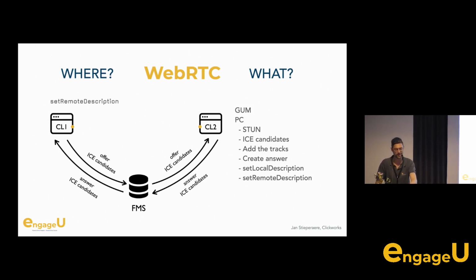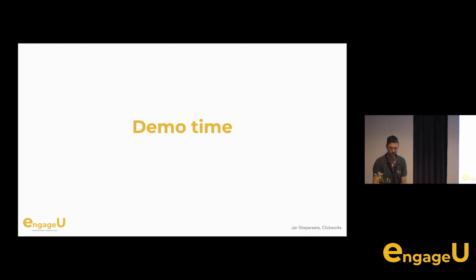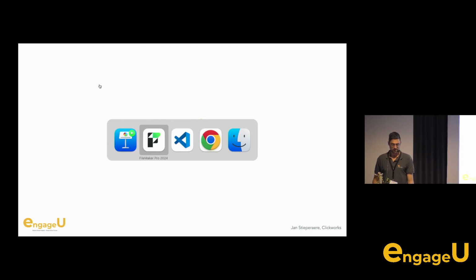Oh yeah, client 1 needs to set all that information, the answer and ICE candidates, in the remote description, and then something magically happens. It just happens. We will see in the demo. It just works. How? I don't know. It's just WebRTC. They know how to communicate. I just explained it, but it's magic. So without further ado, let's go to the demo.